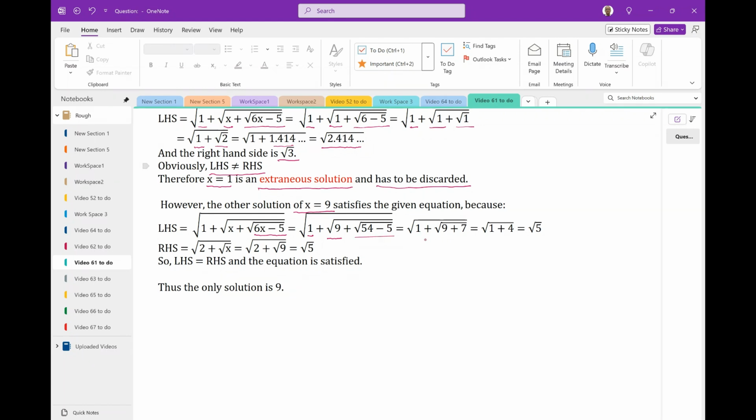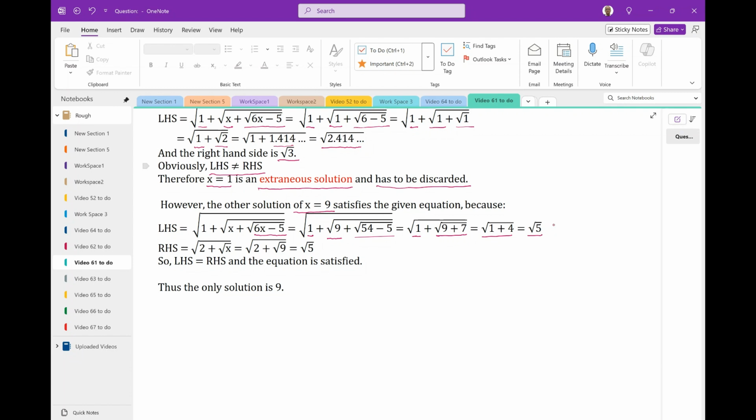That becomes square root of 1 plus square root of 9 plus 7, and that becomes square root of 1 plus 4, and that is equal to square root of 5.